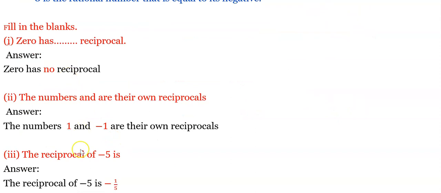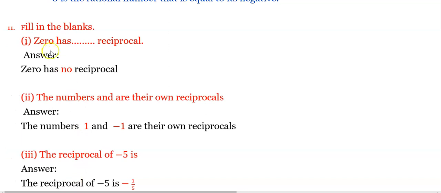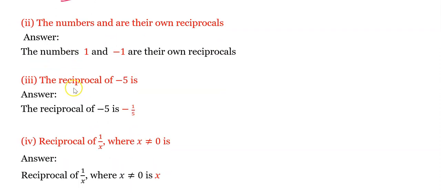Next, fill in the blanks. Question number 11. 0 has dash dash reciprocal. 0 has no reciprocal. The numbers that are their own reciprocals are 1 and minus 1.